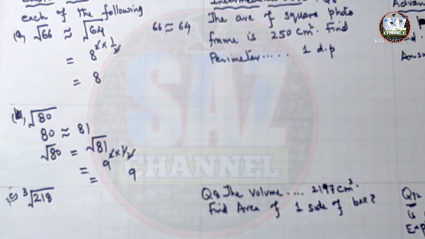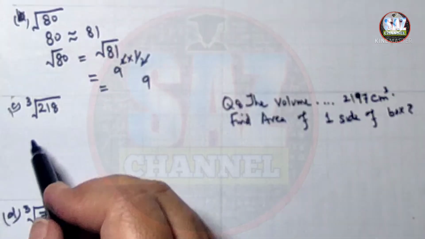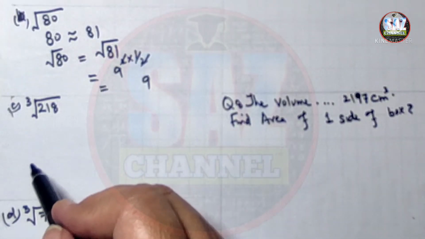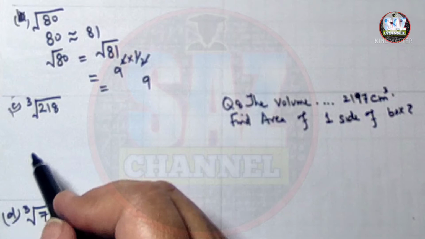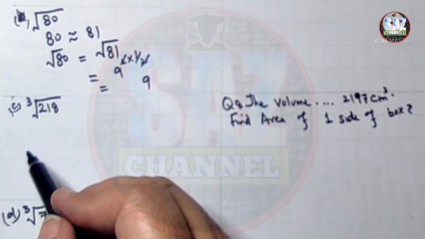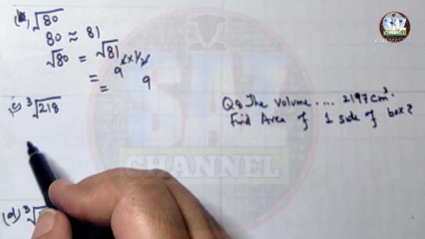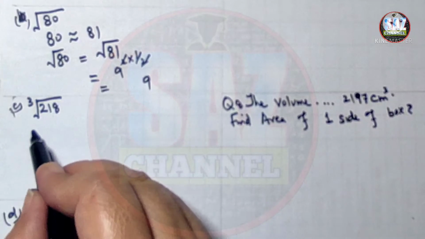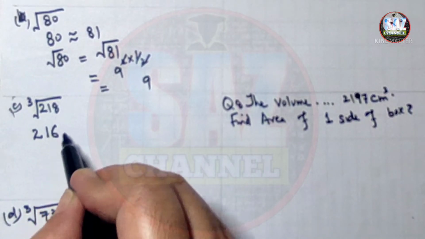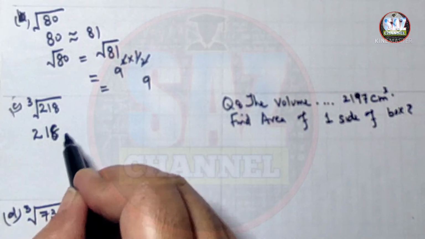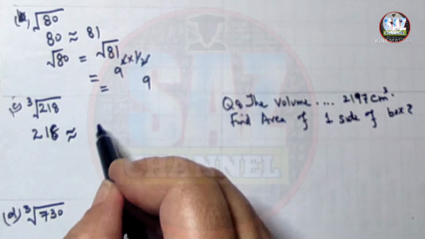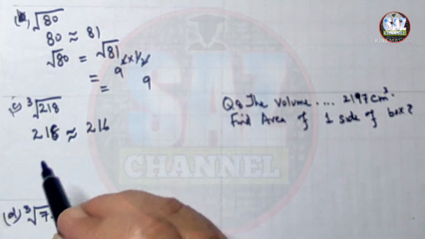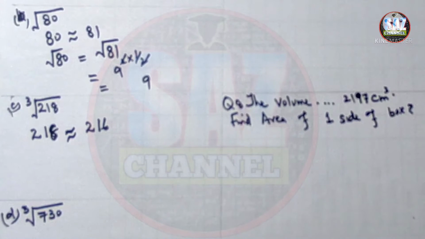Coming to cube root of 218. Think about the number whose cube we can calculate without use of a calculator. So 218 is approximately equal to 216. And what is the number whose cube is 216?